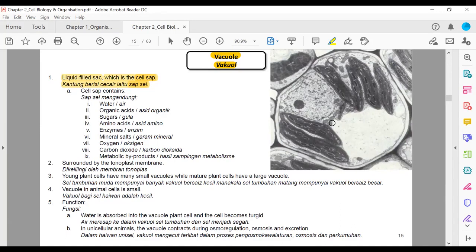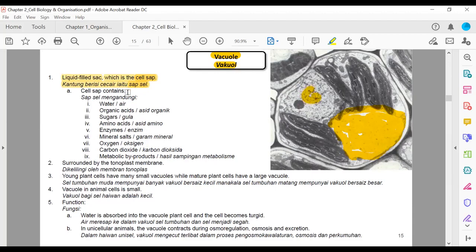Kalau kamu tengok gambar ni, this is the vacuole. Ini vacuole. Yang ni adalah chloroplast. This is the chloroplast, and this is the nucleus. You can see the cursor, right? So this is the nucleus.